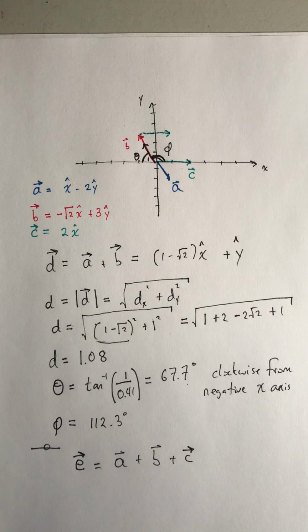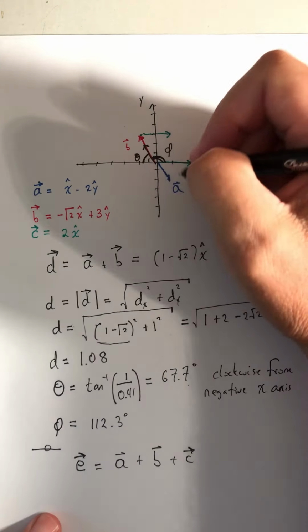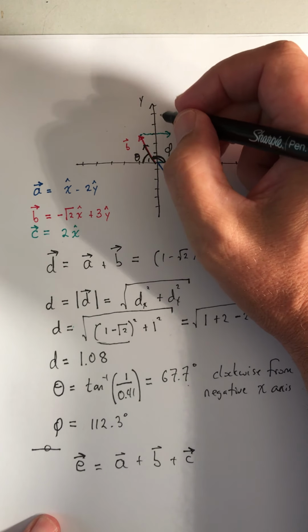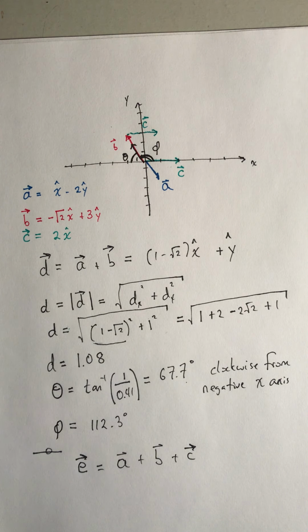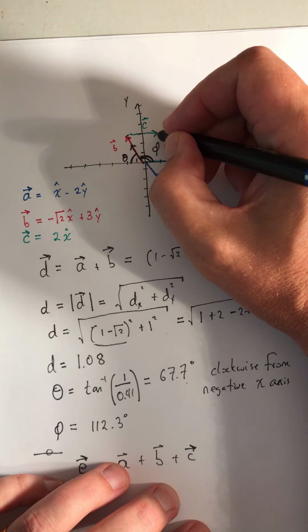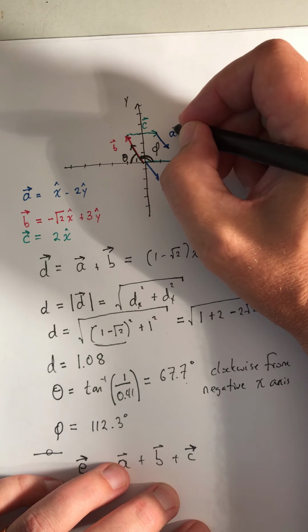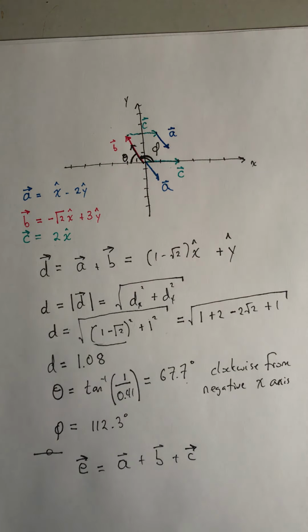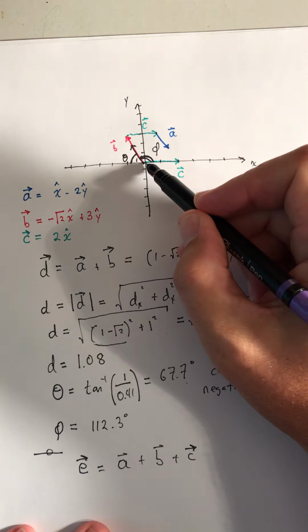To complete the sum, I put the tail of vector A at the head of vector C. So there's my vector C, add in vector A. And then the sum, B plus C plus A, is going to be our vector E. It's going to point in the first quadrant.